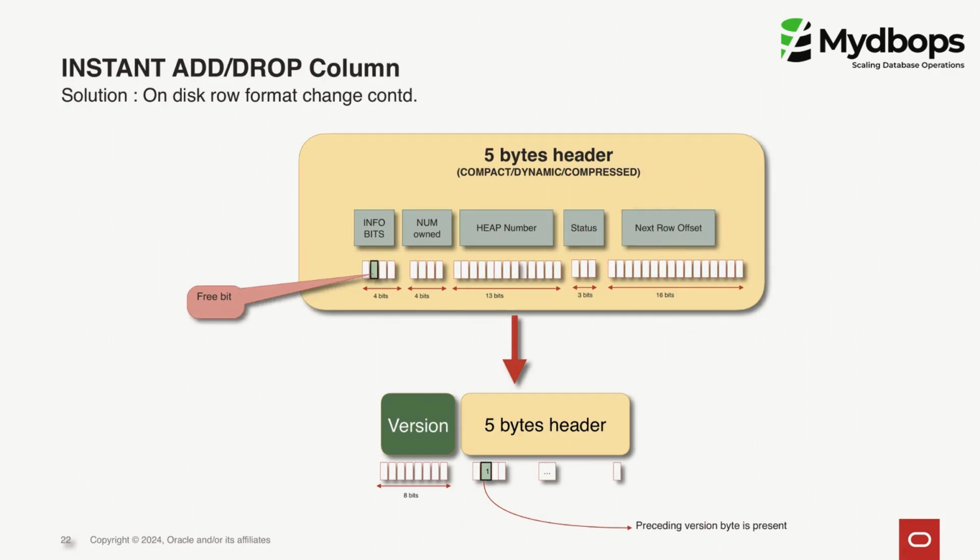Similarly, we have this 5-byte row header for the compact, compressed, and dynamic row formats. In the same info bits, the second last bit was available, and we used it. If this bit is 1, it says there is 1 byte of version information stamped just before this row header.